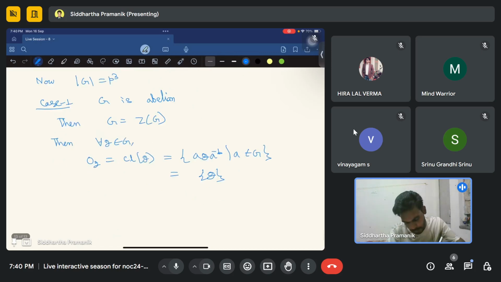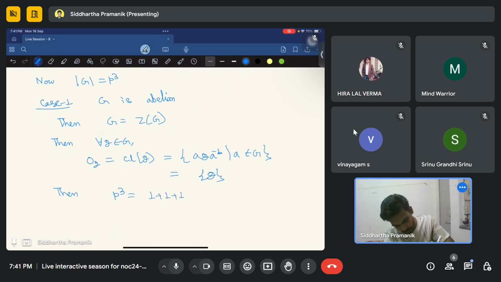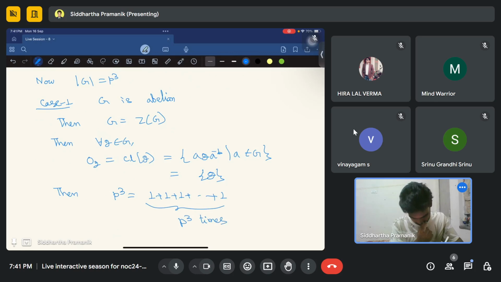So every conjugacy class is a singleton. In this case, the class equation is just 1 plus 1 plus 1 up to PQ times. So if G is abelian, the class equation looks like this.